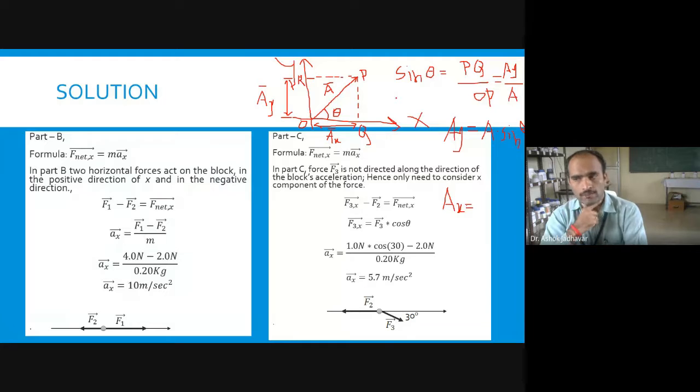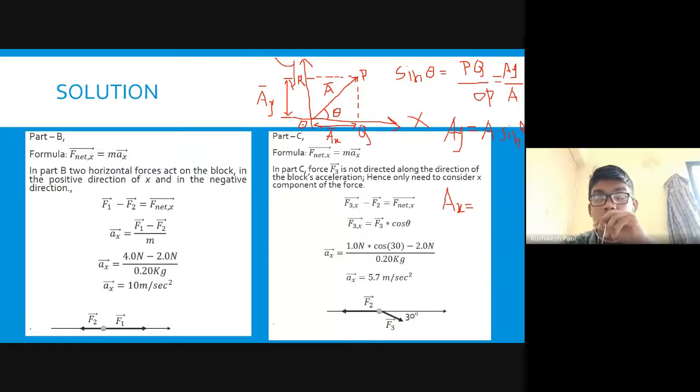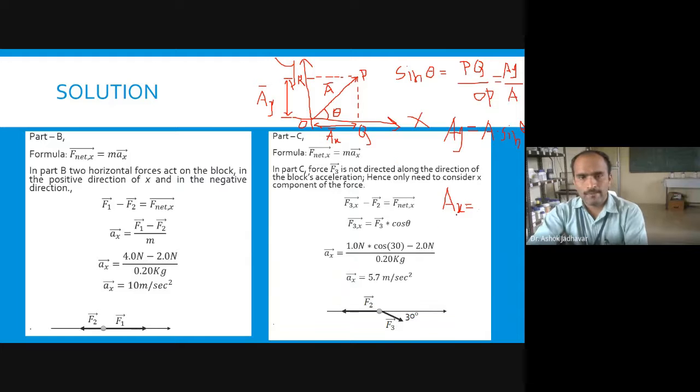If I consider cos of theta, then it's adjacent side divided by hypotenuse, OQ divided by OP. So I will get AX is equal to A times cos of theta.